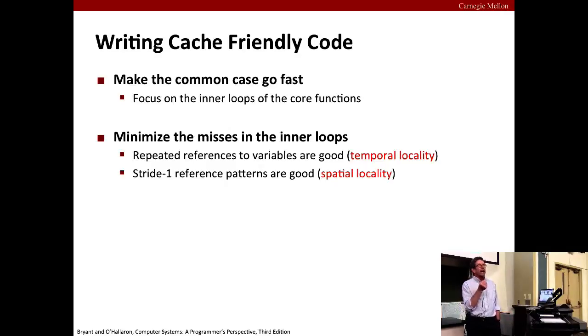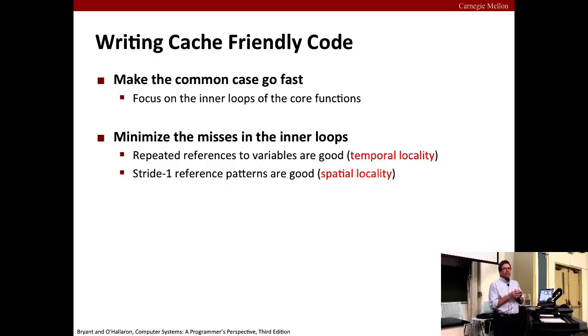Also, stride 1 accesses to arrays are good. And they're good because of the existence of these blocks. The only way you'd know that stride 1 references are good is if you knew that caches have these 64-byte blocks. A stride 1 reference will have half the miss rate of a stride 2 reference.